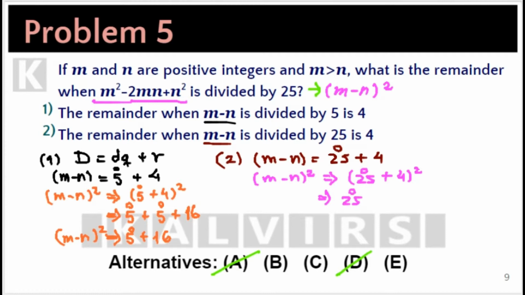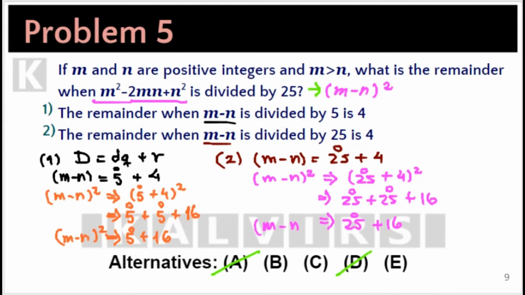Now, this is a multiple of 25 plus 2 times a multiple of 25 times 4. Remember that this is a multiple of 25 plus 16. A multiple of 25 plus another multiple of 25 is another multiple of 25.